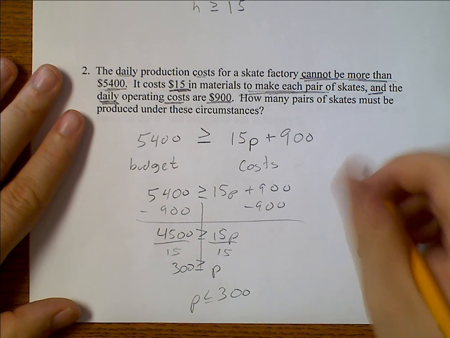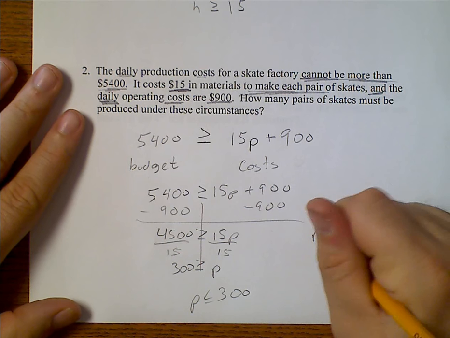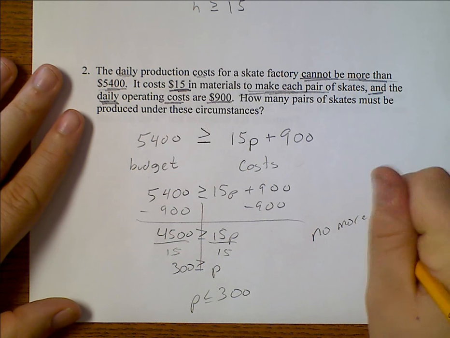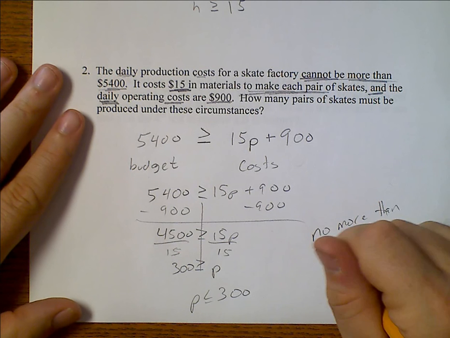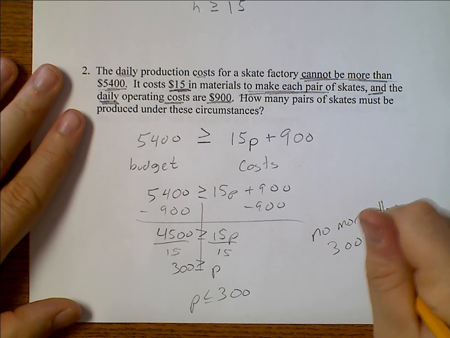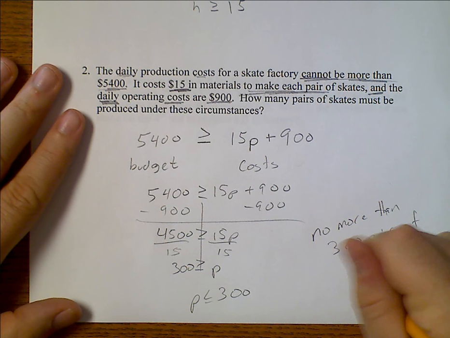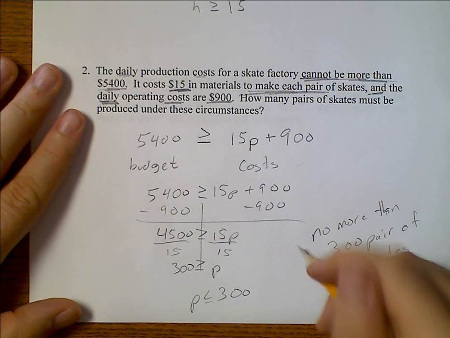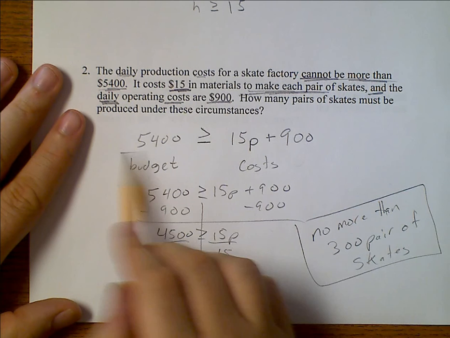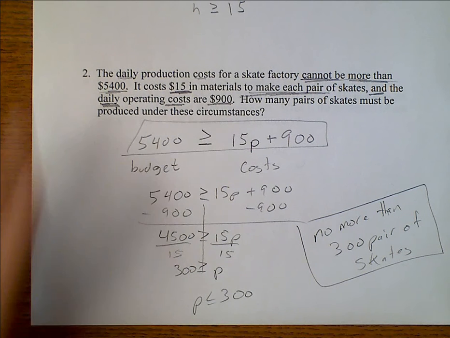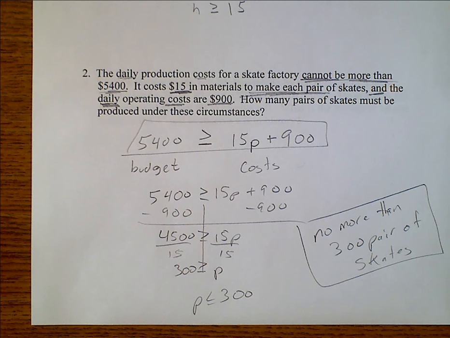So I need to make no more than 300 pair of skates. And this was my original equation. And so that's how we work that problem.